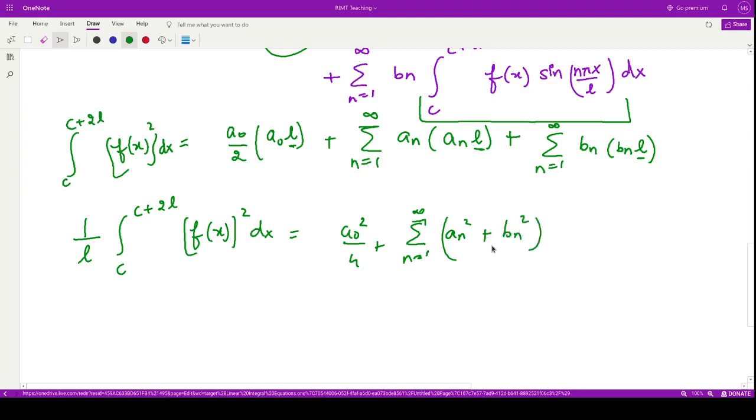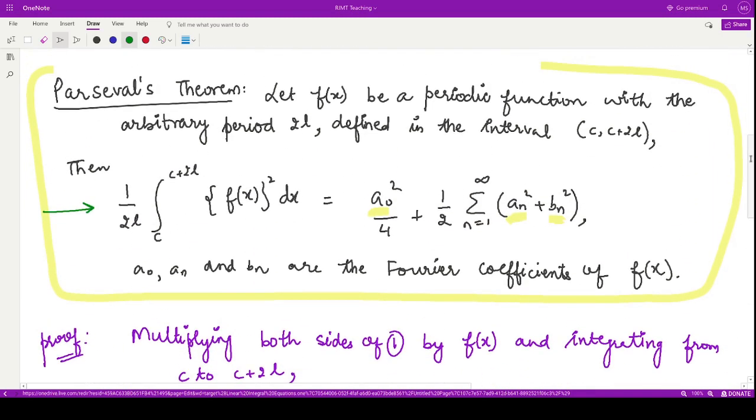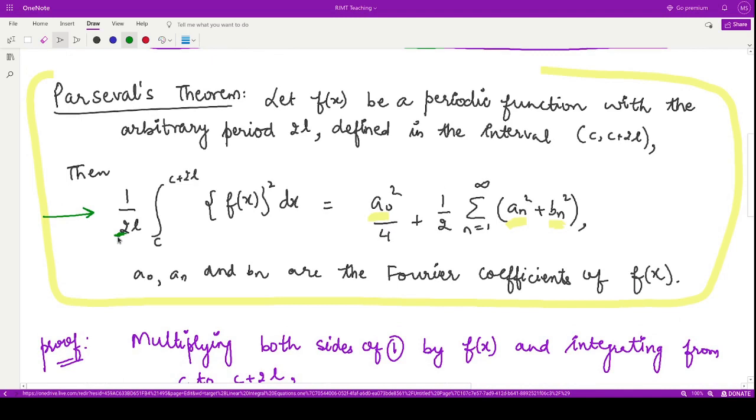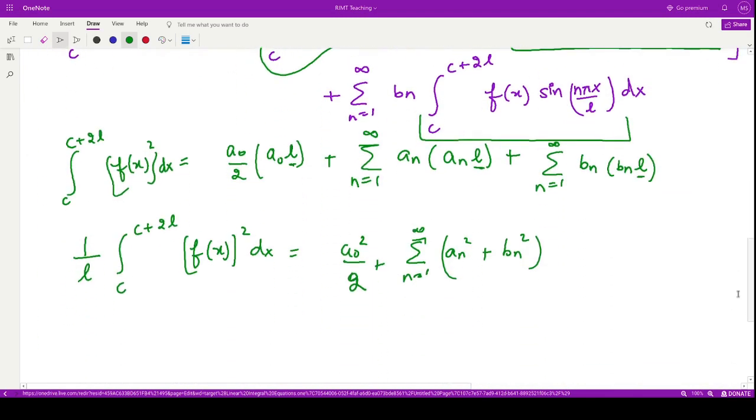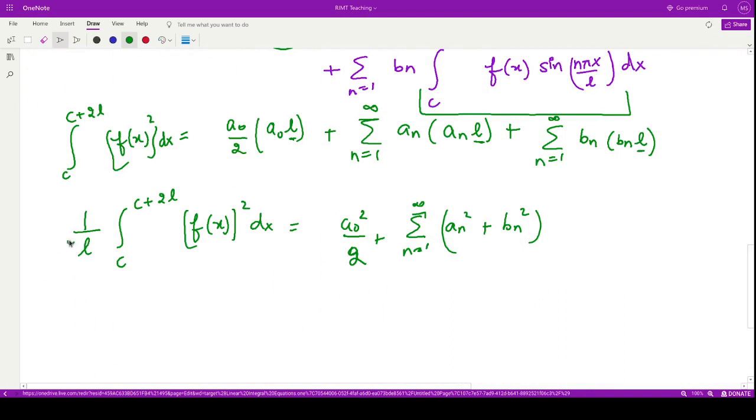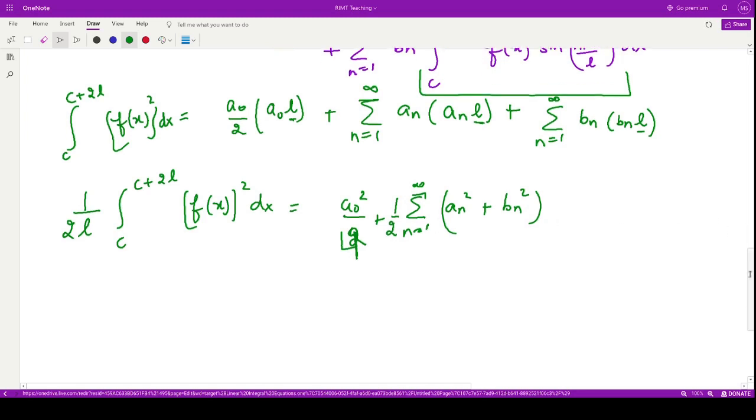Now this looks quite familiar. Here we have 2. Yes. And now let me show you the statement once more. So you see we have 2 here, 4 here and 2 here. So that means we are to divide both sides by 2. So this becomes 2, this becomes 4 and this also becomes 2. So that is what we were required to prove.